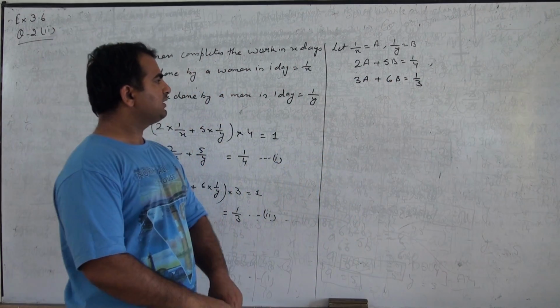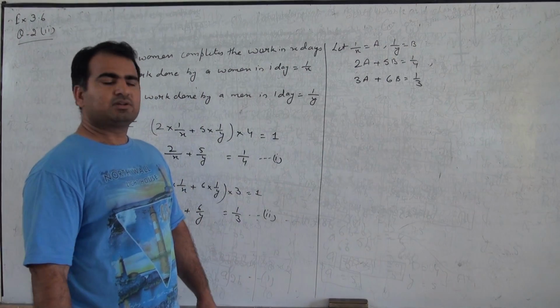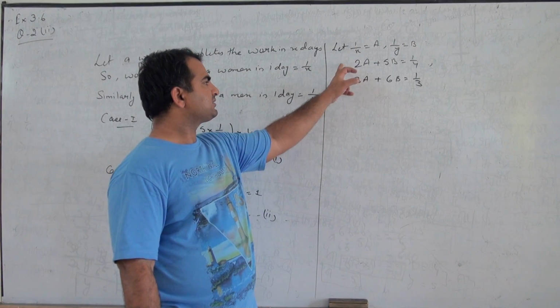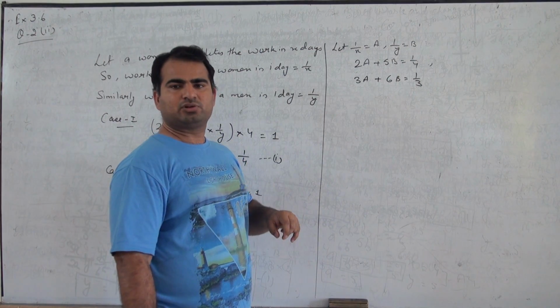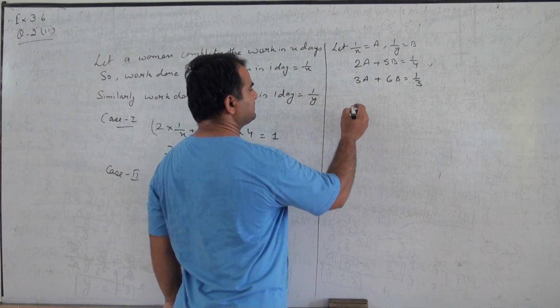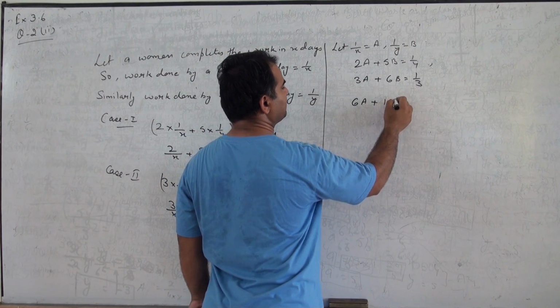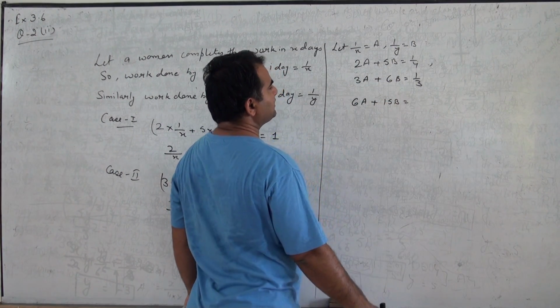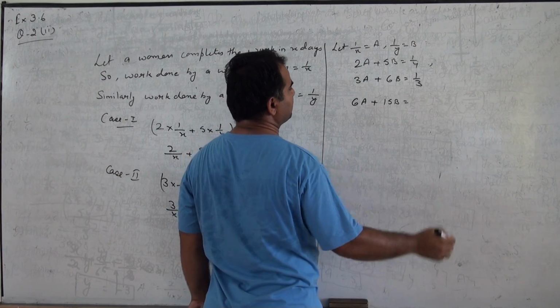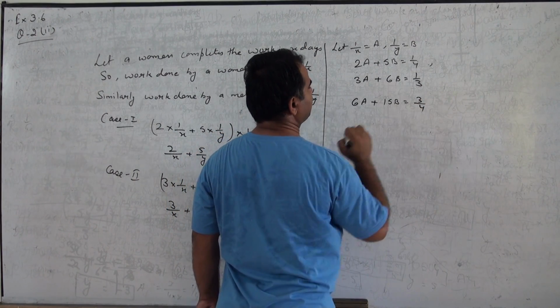What I like to do is the elimination method. So I will multiply the first equation by 3 and the second equation by 2. So it will be 6a plus 15b equals, what is 1 upon 4 into 3? It will be 3 upon 4.